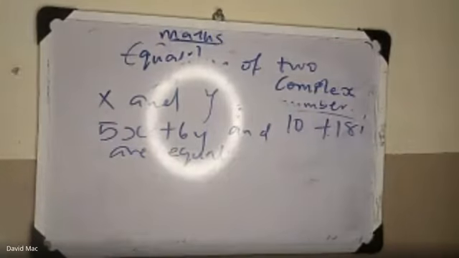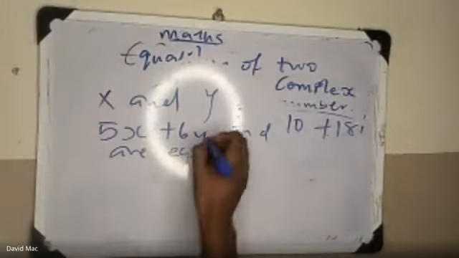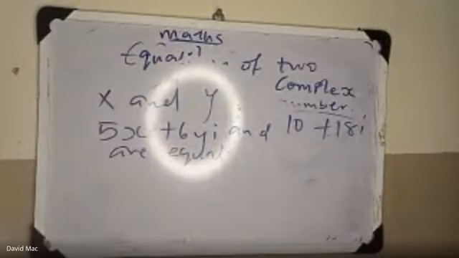Sorry, there is an i here. For what value of x and y are 5x plus 6yi and 10 plus 18i equal?